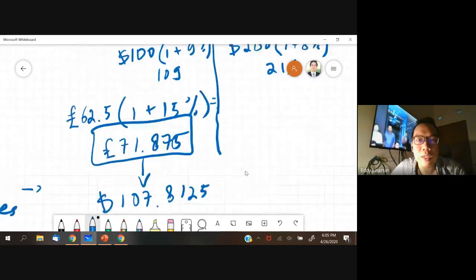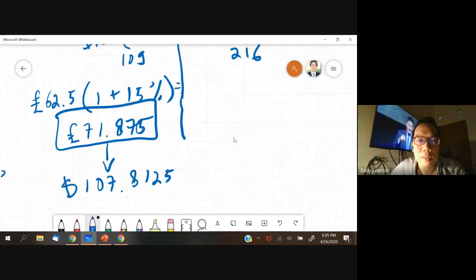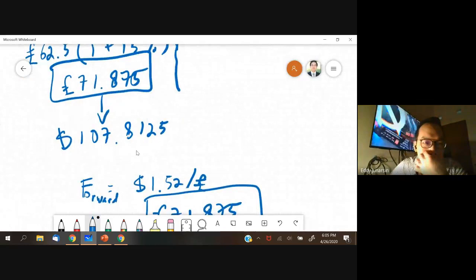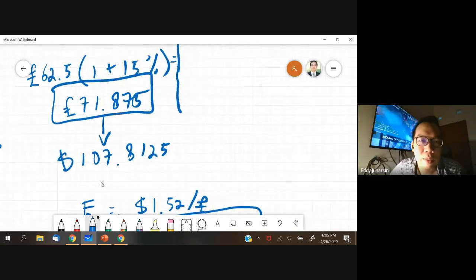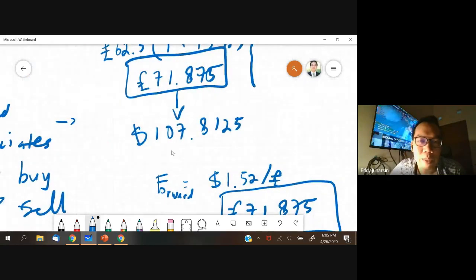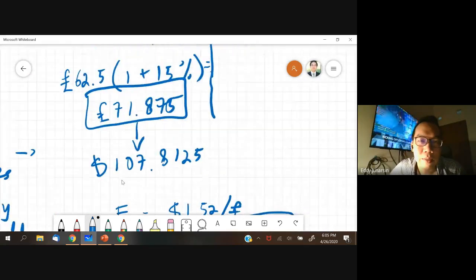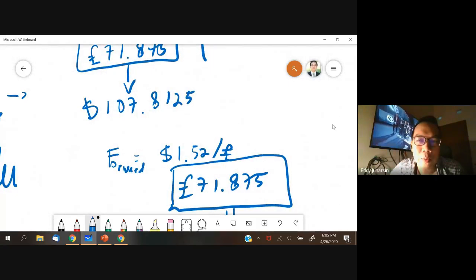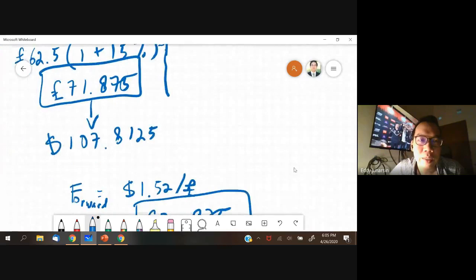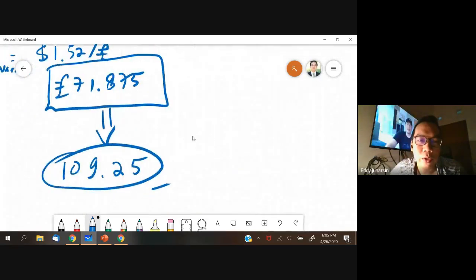So if you see it here, it's 107.8125. This is what you will get from your investment, right? But because you made the contract, you get 109.25.